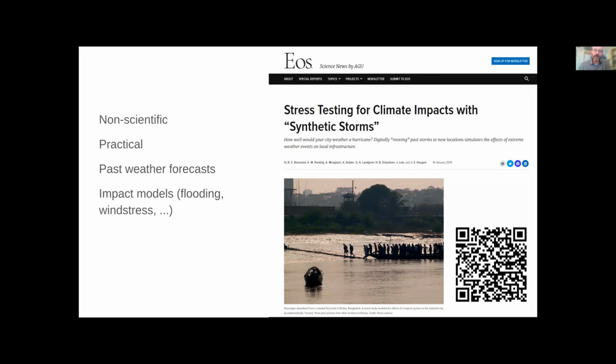And it involves looking at the archive of past weather forecasts and picking events that we already know about that made an impact and using these as analogs for Bangladesh. And this, of course, requires some impact models that will simulate the flooding or the wind stress, so we can use these to assess the resilience in this study.